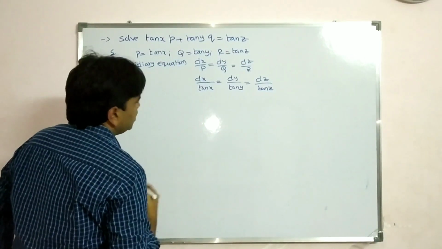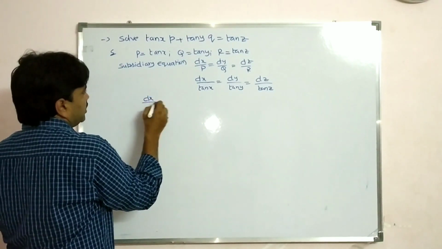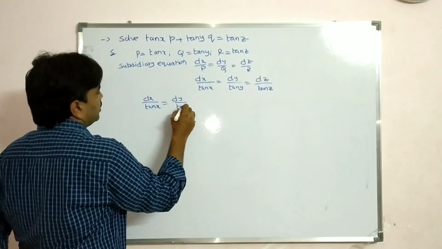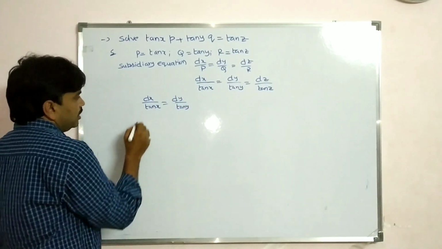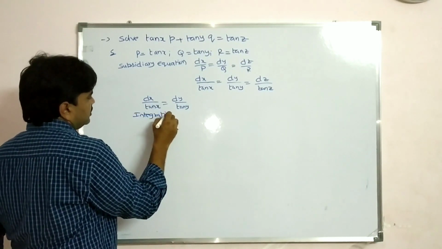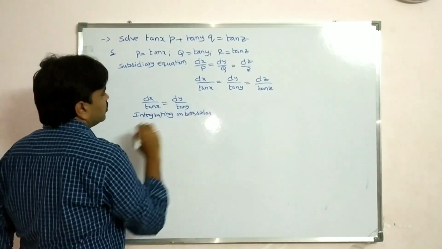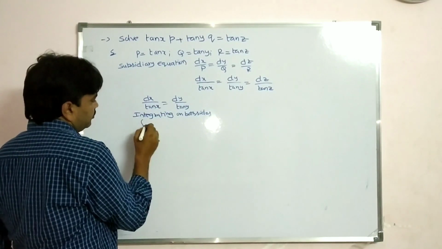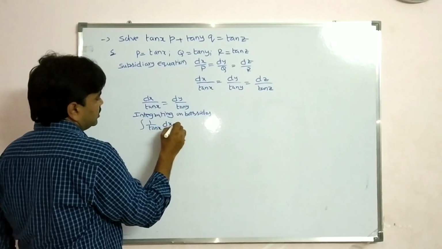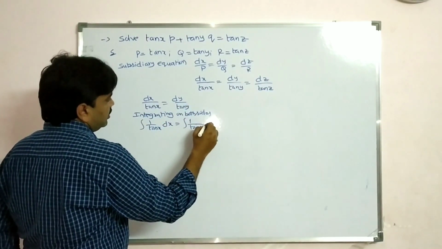Now take the first two equations, students. So dx by tan x is equal to dy by tan y. Now integrating on both sides: the integral of 1 by tan x dx is equal to the integral of 1 by tan y dy.